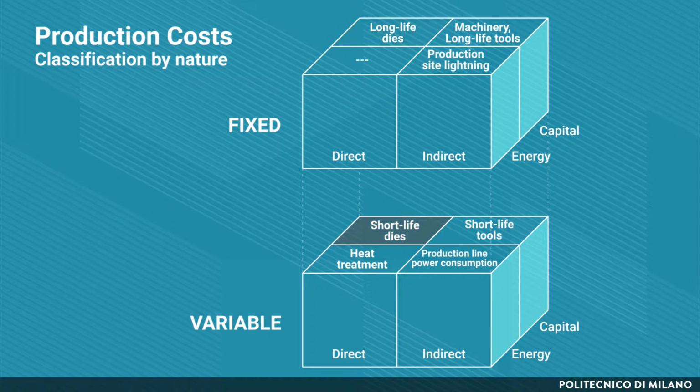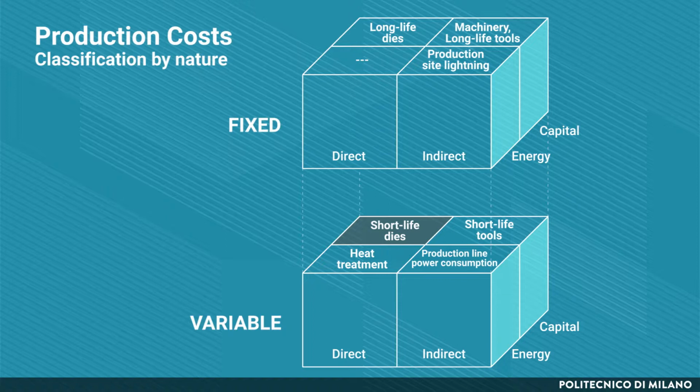While if the dye has a very short life and has to be substituted or revamped very often, then even the cost of the dye could be considered variable with respect to the increase of 10% in production volume.